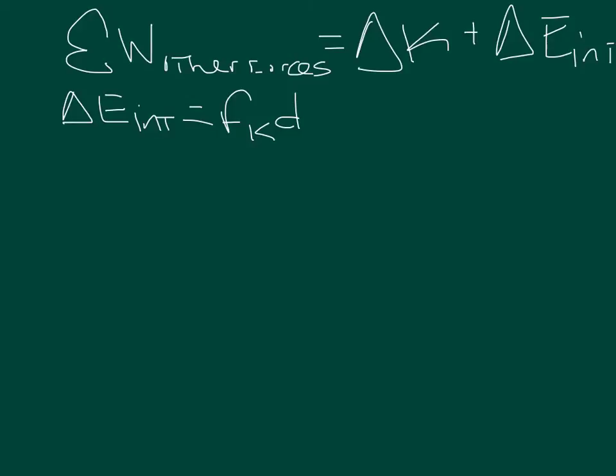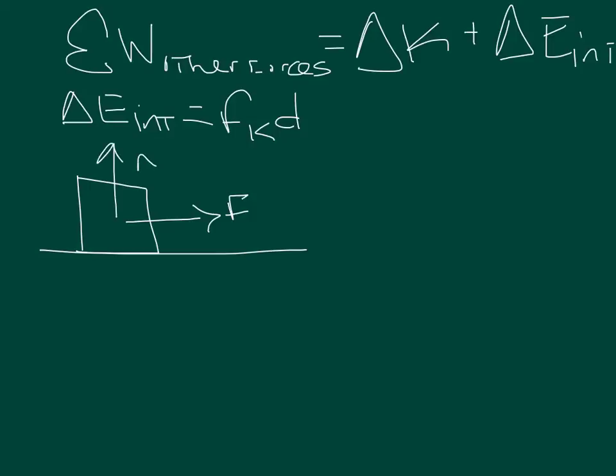Okay, so let's think about the work being done by all of the other forces. Remember, we had this block on this surface, I have an applied force here, I have the normal force acting that way, of course we have our weight force directed downward, and then we have that kinetic frictional force. We're looking at the work done by all of the other forces other than friction.